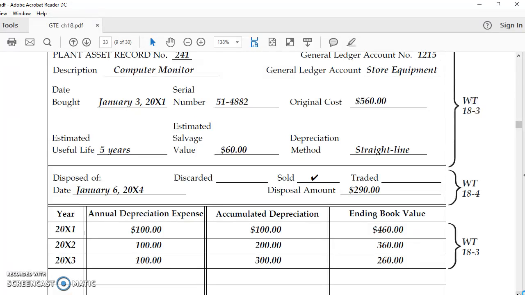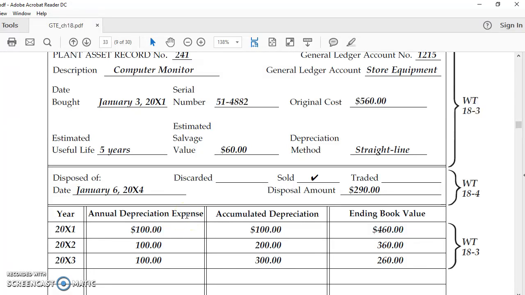If you take the original cost, $560, subtract the estimated salvage value of $60, and divide that by 5 years, your annual depreciation is going to be $100. So for a plant asset record, you're going to put the $100 straight across in this first column, because that's always going to be your annual depreciation expense.